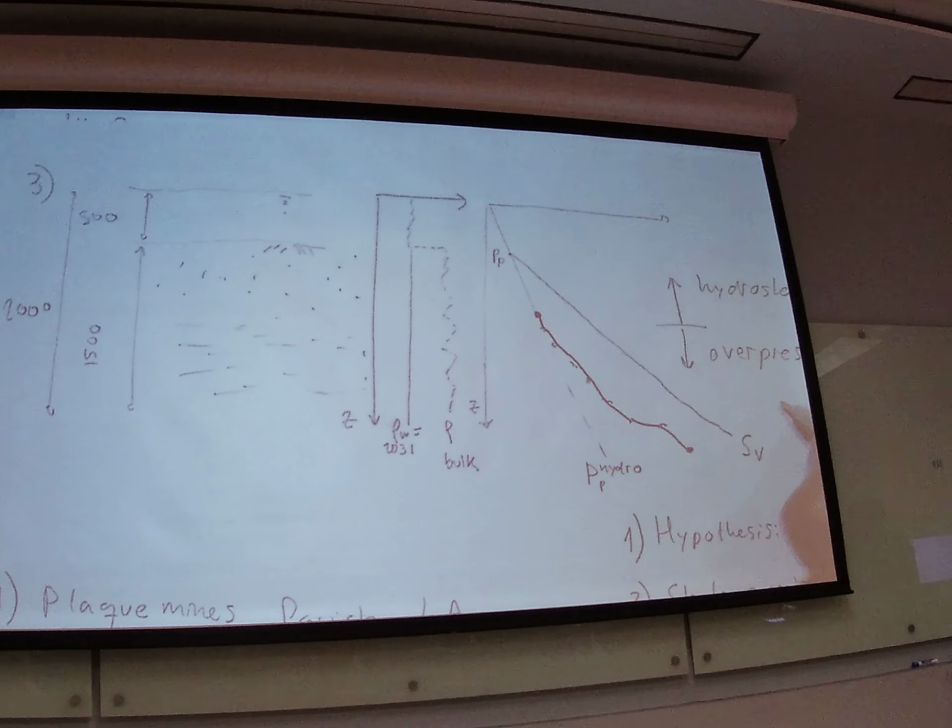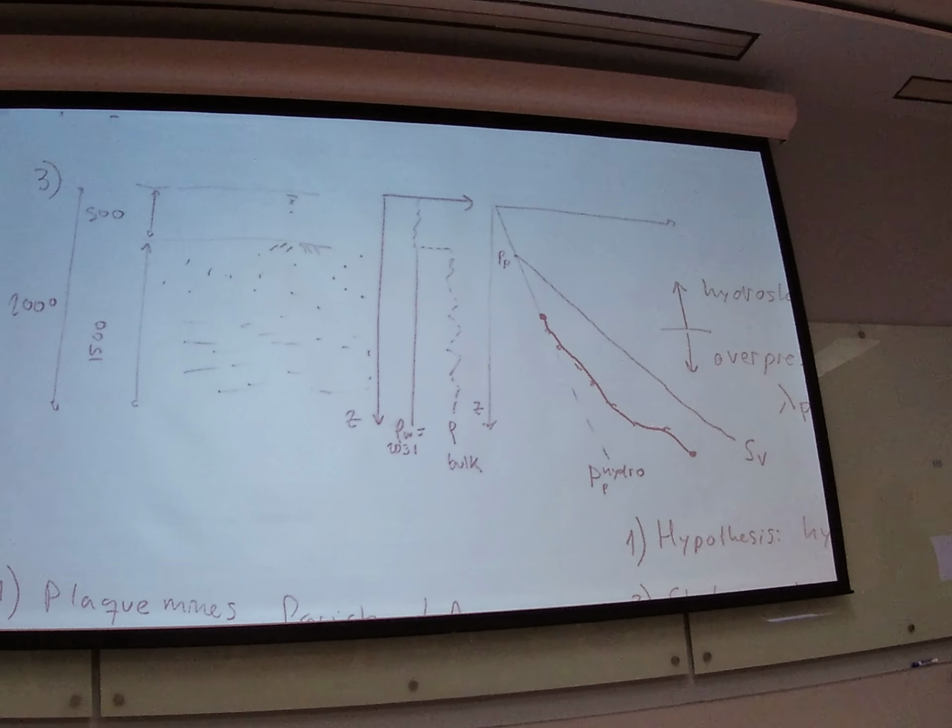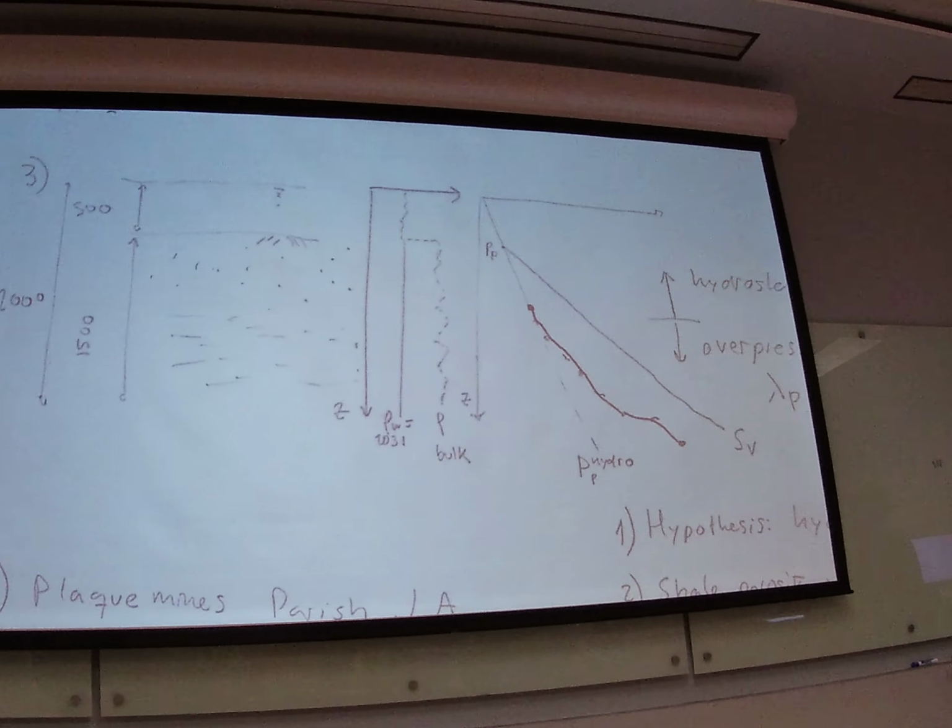Remember, the overpressure parameter, lambda p, is always going to be less than 1. It's just when it approaches 1 that you get overpressure.